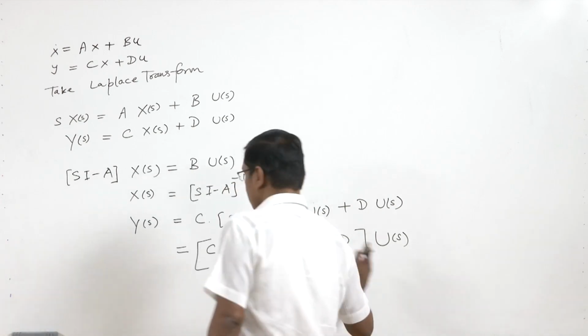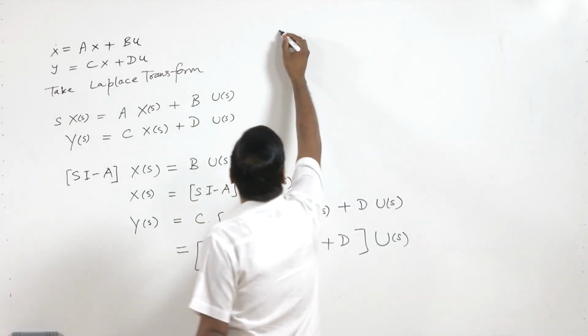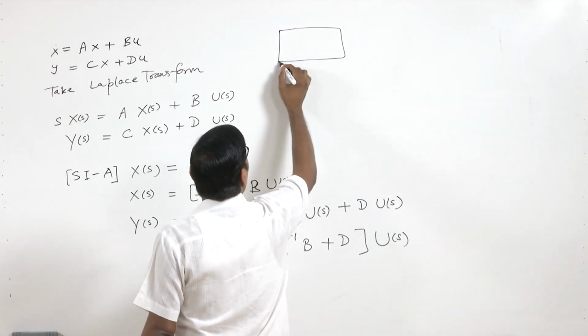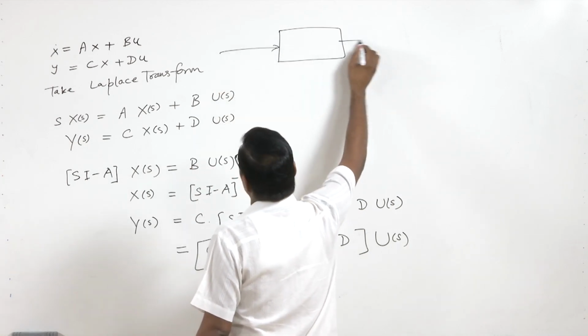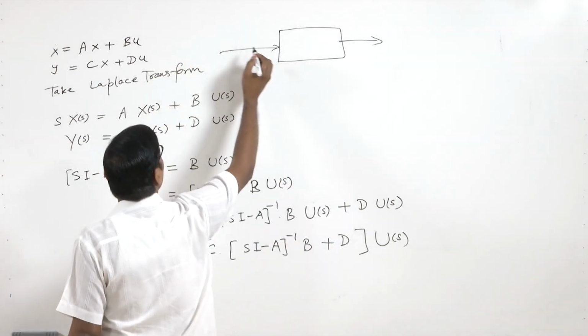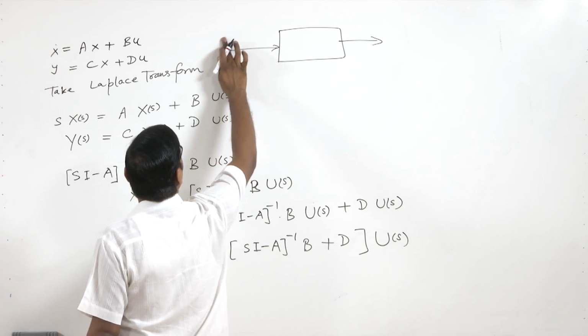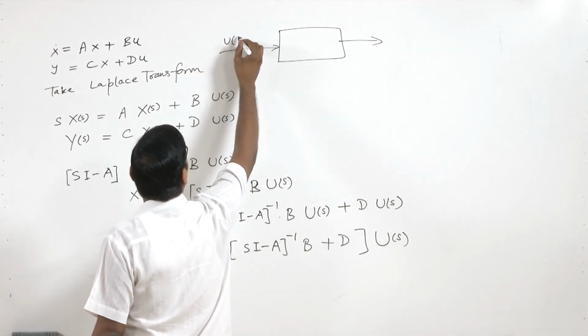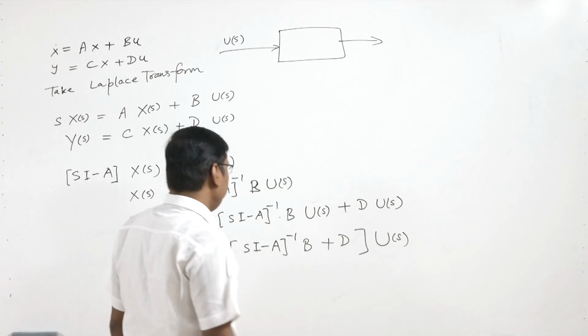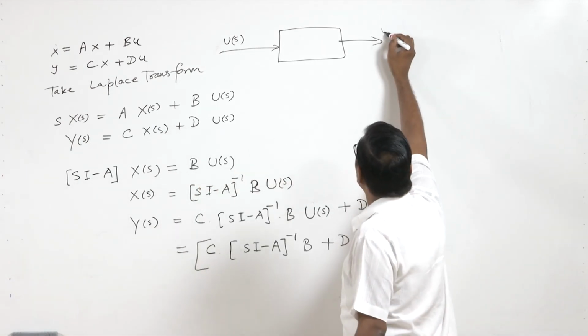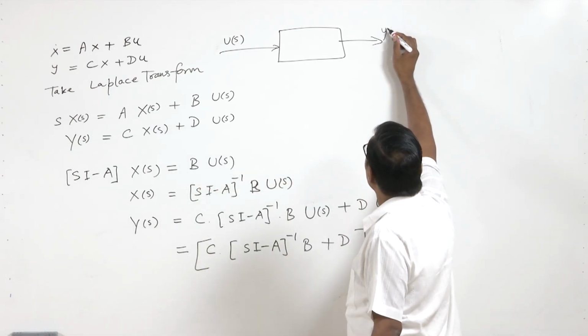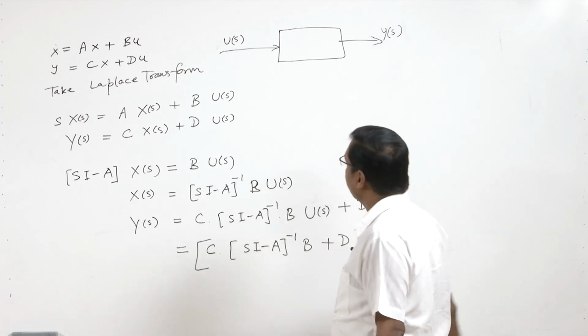So what is this? Here U was the input, so U(s) is the input, and Y was the output, so Y(s) is the output.